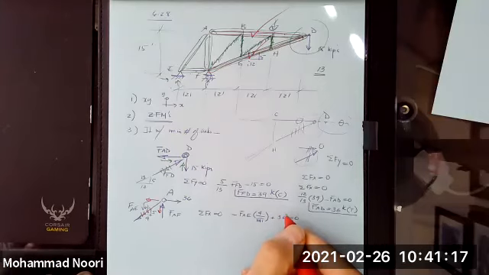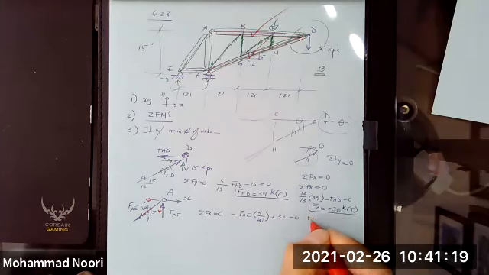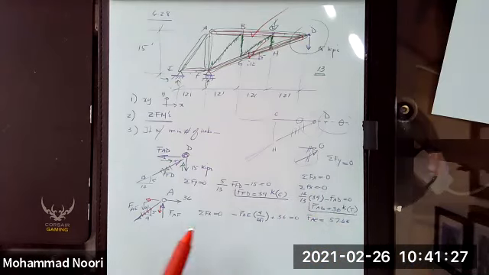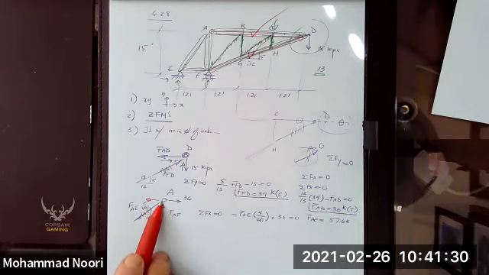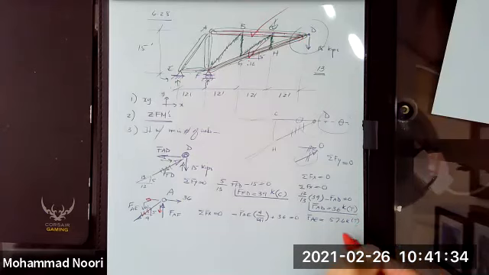That gives me F of AE comes out to be 57.6 kips. Force moving away from the joint, that means this is a tensile force.